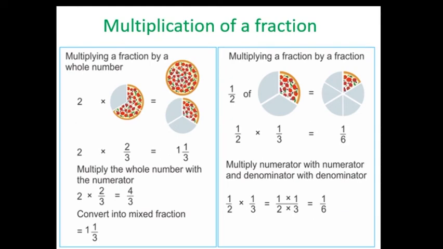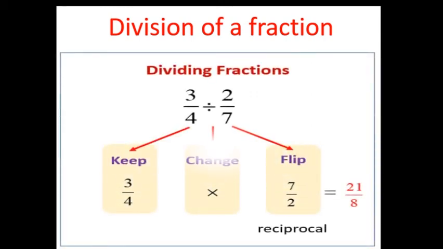Now comes our next slide, division of a fraction. If we have an example here, 3 by 4 divided by 2 by 7. First is 3 by 4, our first fraction, we keep it as it is, 3 by 4. Now the second one is divide. What do we have to do here?